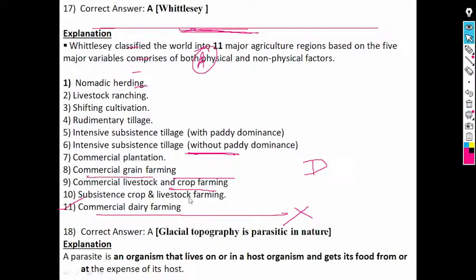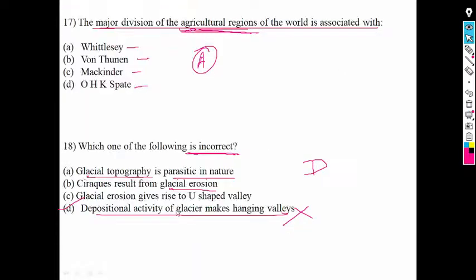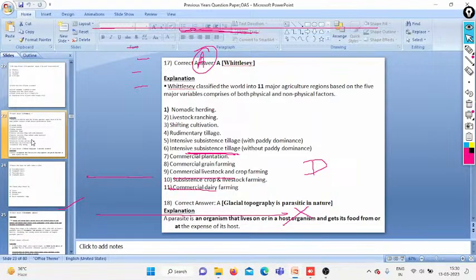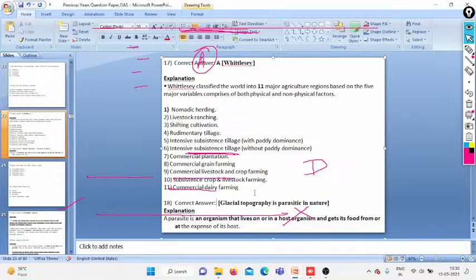A or D, Whittlesey and... sorry, I wrote the answer wrongly.